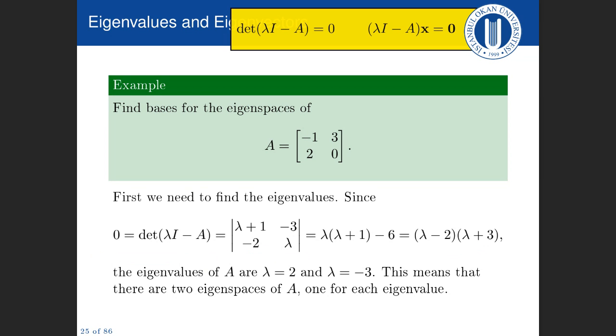This means that there are two eigenspaces of A, one for each eigenvalue. First, we're going to look at the eigenspace for 2, and then we're going to look at the eigenspace for minus 3.